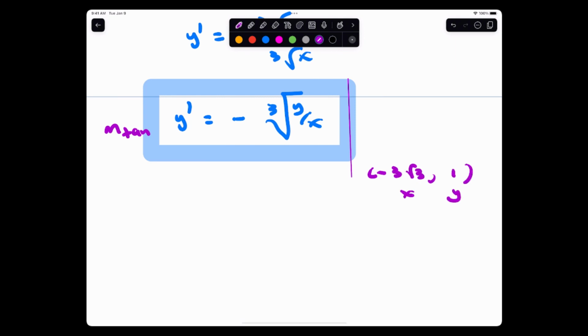Is that true? Okay. So m tangent was negative cube root of what? What is y? 1? And what is x? Negative 3 cube root of 3. Is that true?